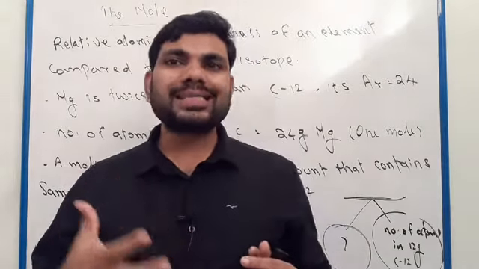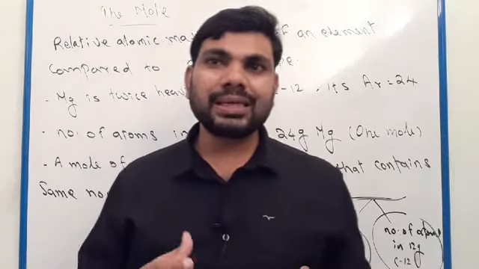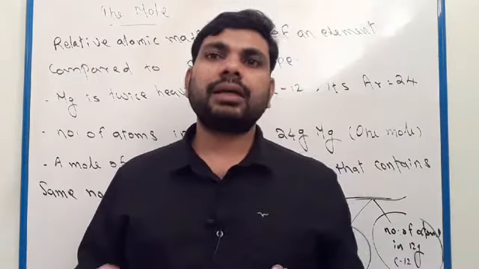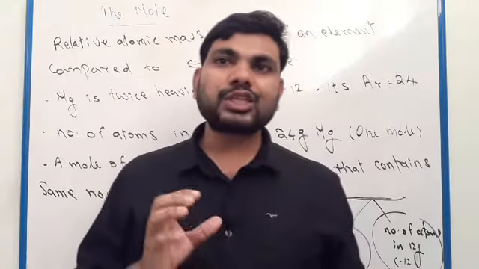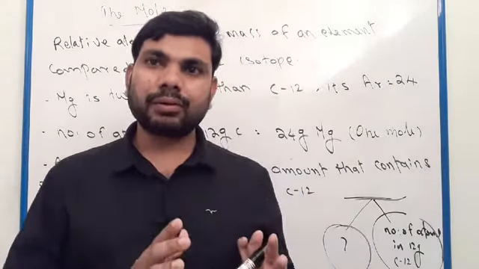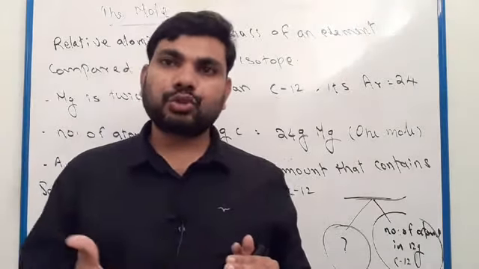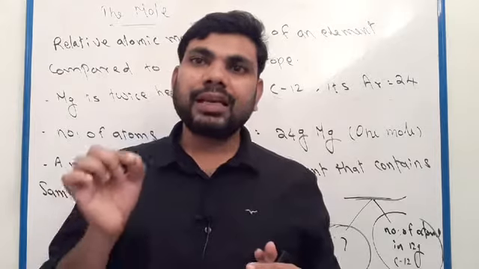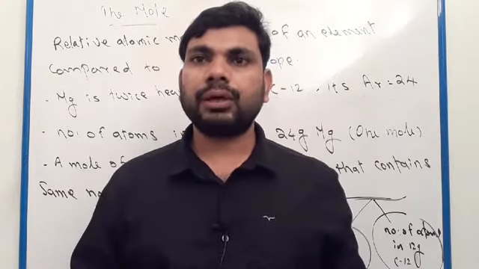Magnesium is twice as heavy as the carbon 12 isotope. The mass of carbon 12 is 12, so the relative atomic mass of magnesium is 24.